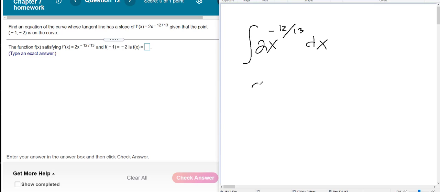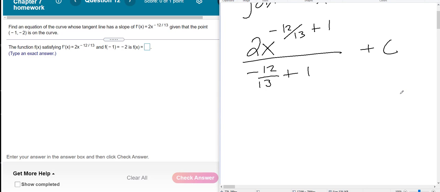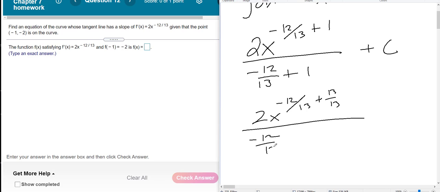So that's going to be 2x to the negative 12/13 plus 1 divided by negative 12/13 plus 1, then plus c. So this is our function, f of x. So that's going to be 2x to the negative 12/13 plus 13/13 over negative 12/13 plus 13/13.